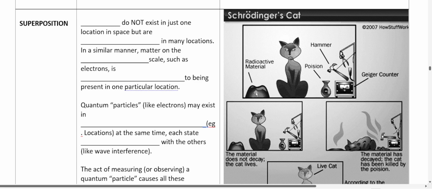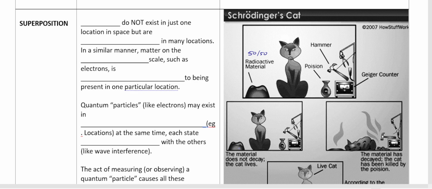You have this radioactive material, and you have a Geiger counter that measures the radioactive material. And this Geiger counter is connected to a pair of scissors and a hammer that can fall and break the vial of poison. Now, this radioactive material has a 50-50% chance of decaying. All right? So in the next instant, the radioactive material might not decay.